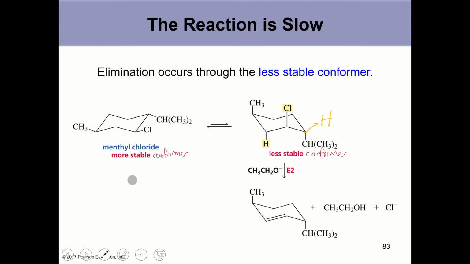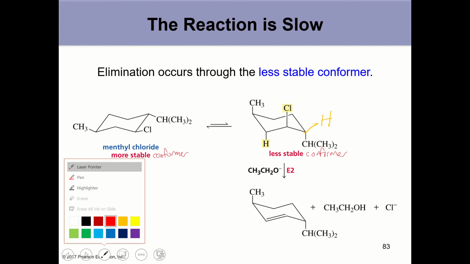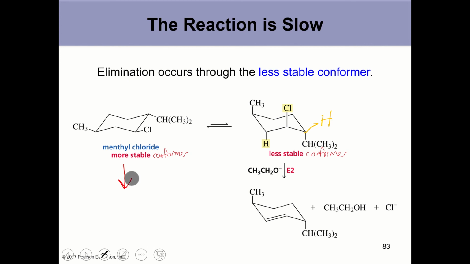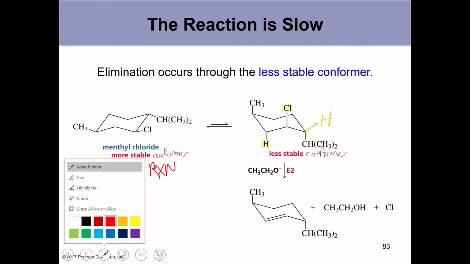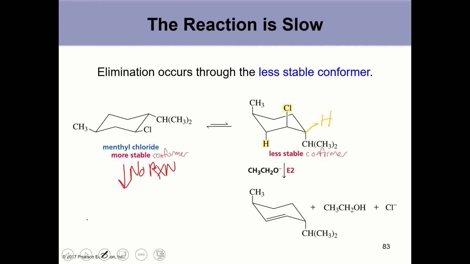And so a reaction cannot occur with this conformer. No reaction from this conformer, because chloride must be axial. And so what has to happen before a reaction can occur is a ring flip. And so you can think of a ring flip as taking more time.